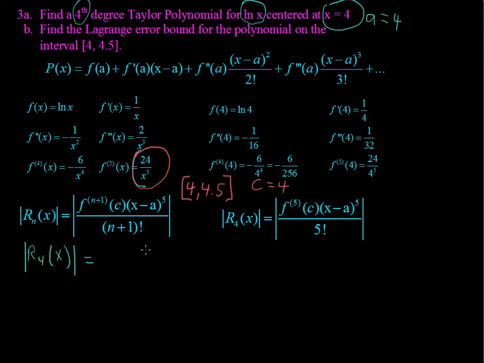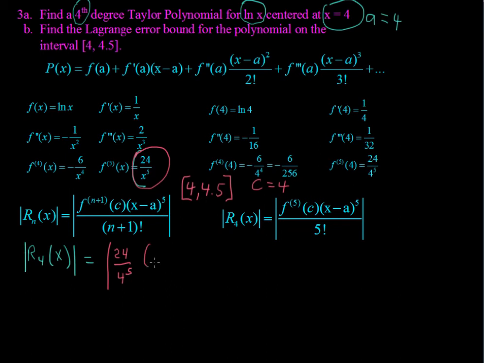So we need to do 24 over 4 to the fifth, still absolute values here. And then we have to figure out when x minus a to the fifth is the largest on this interval. Well, we already know a is 4. And obviously, on this function, x minus a is largest when x is 4.5.